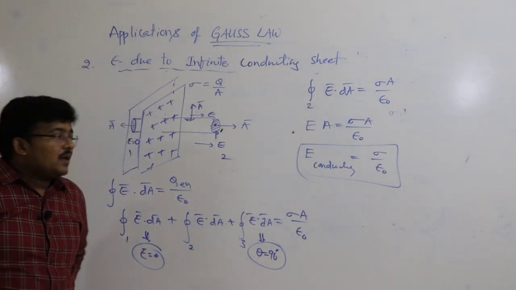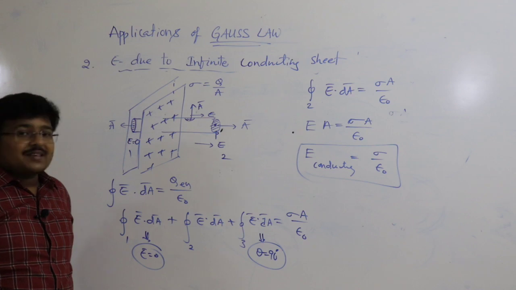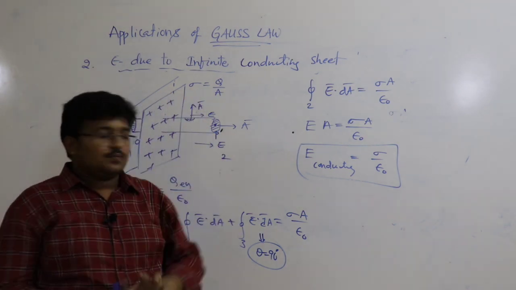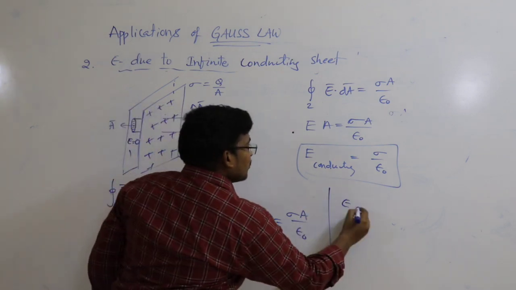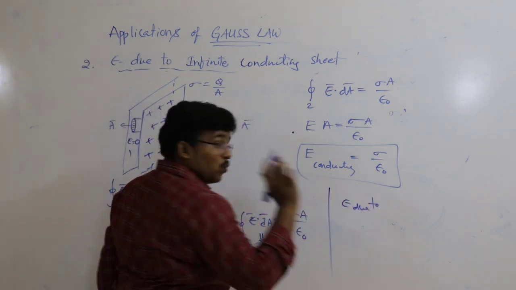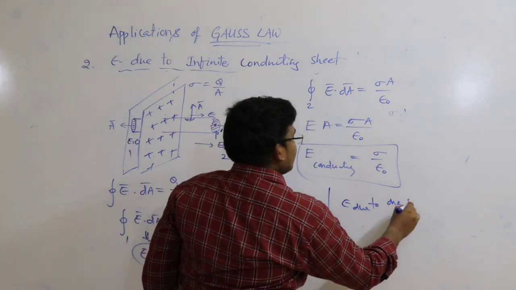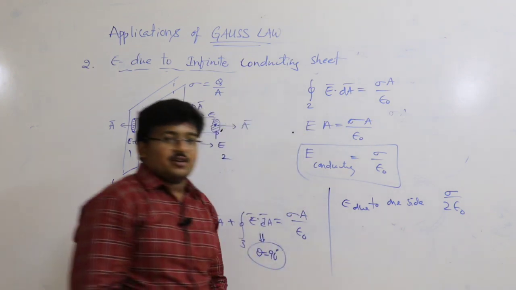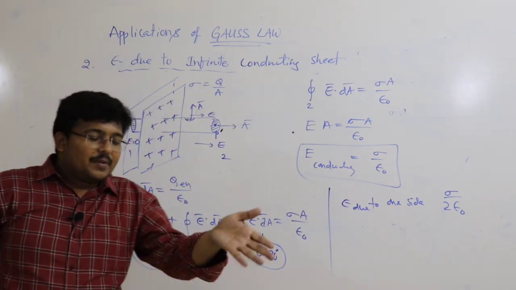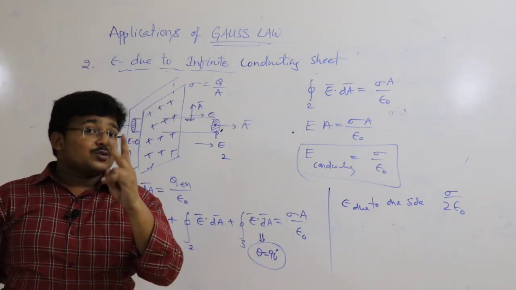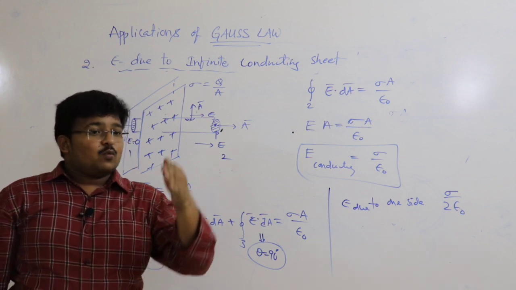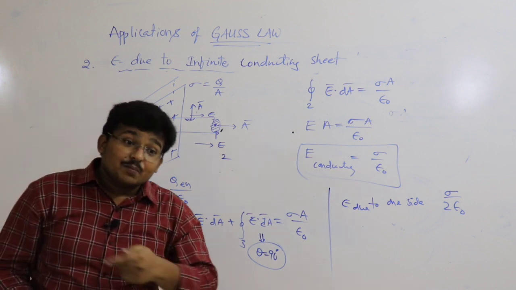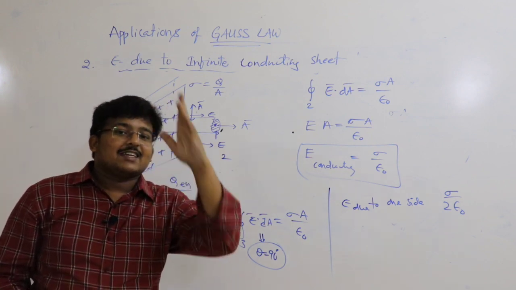Sir, how? See, generally we may say that the electric field due to one side, due to one surface, is sigma by 2 epsilon naught. But here two surfaces are there, one gives sigma by 2 epsilon naught, another one also gives sigma by 2 epsilon naught, and both of them added together give sigma by epsilon naught.